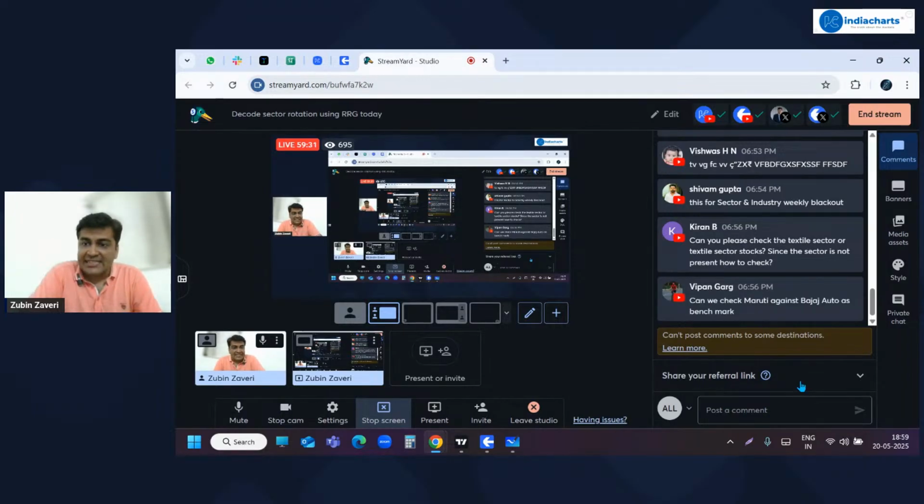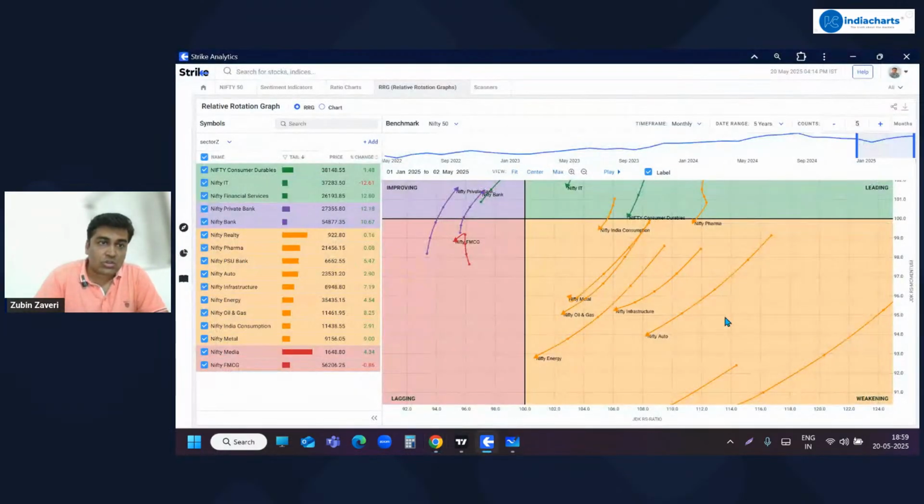So Vipin, I just checked Maruti versus Bajaj Auto for you. Using Bajaj Auto as a benchmark, no, we cannot do that. Maruti and Bajaj Auto, we need to compare with the Auto Index or Nifty 50. So this is also something that you can do.